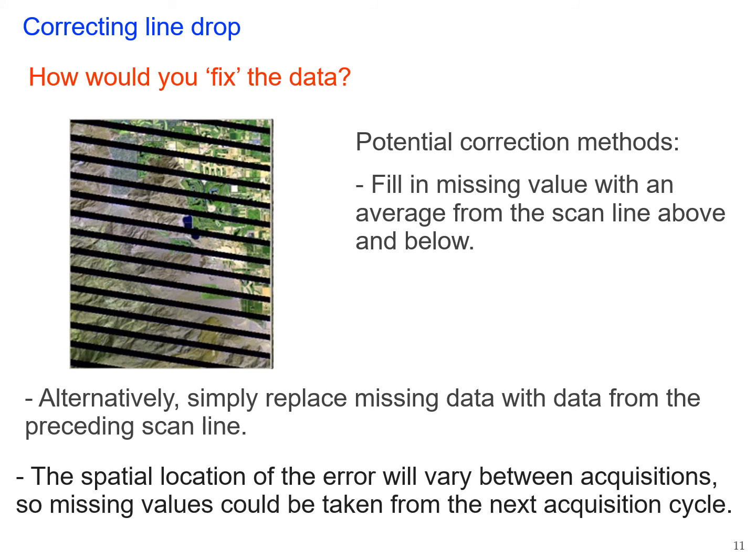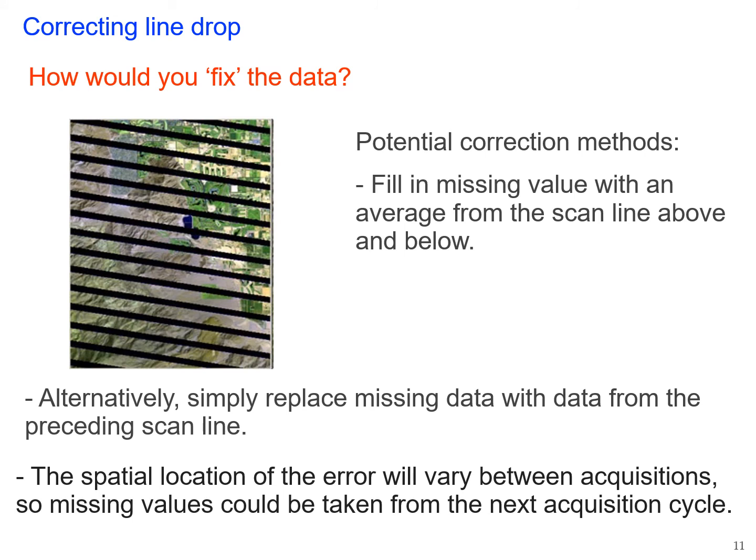Alternatively, you can simply replace the missing data with data from the preceding scan line. The spatial location of the errors will vary between acquisitions, so you could take missing values from an adjacent acquisition cycle.